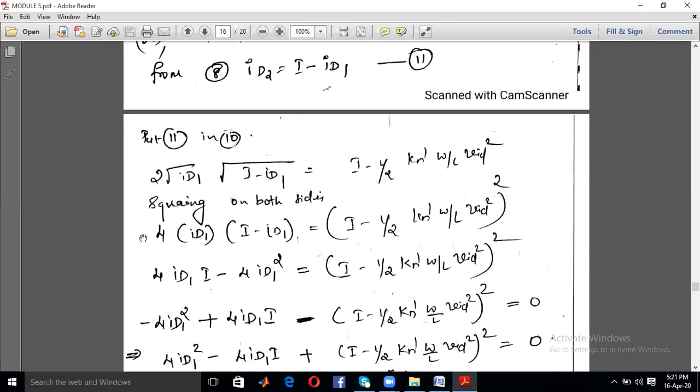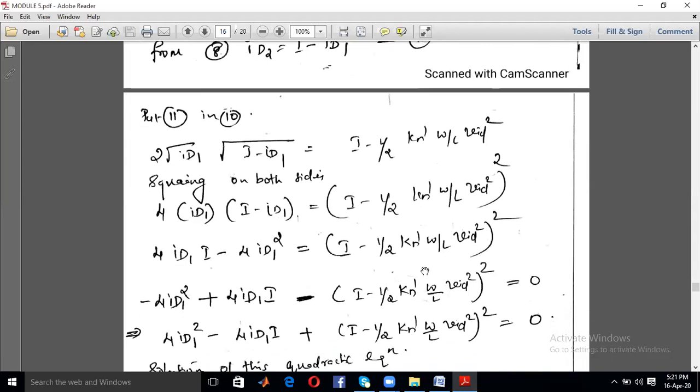Okay, now you will expand this equation, open the brackets. So 4 ID1 I minus 4 ID1 ID1, that is minus 4 ID1 square, equal to I minus half k n dash W by L V ID square the whole square.